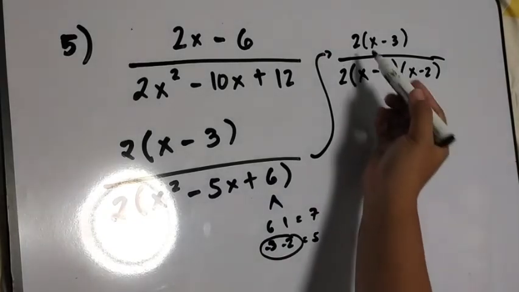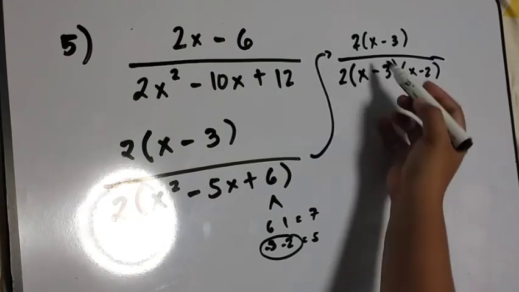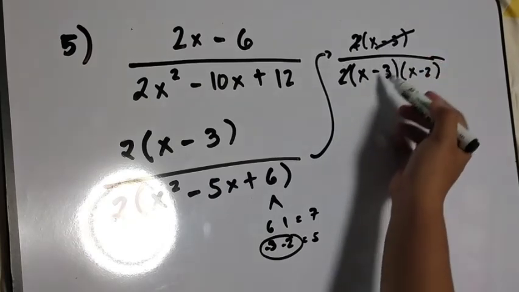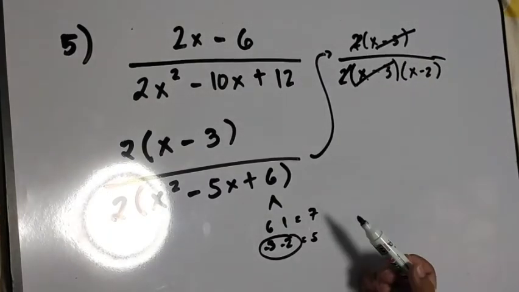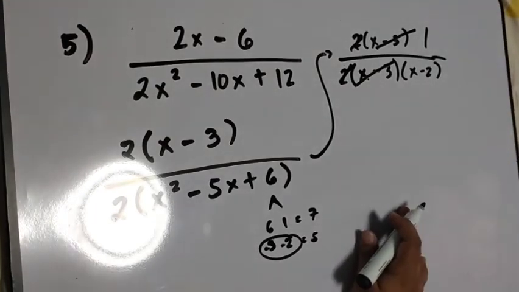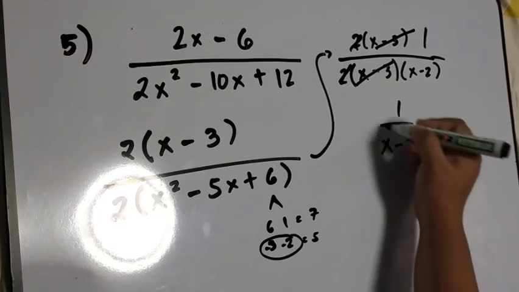We have here 2 and 2. So, pwede ito i-cancel. We have here x minus 3 and x minus 3. Now, since wala lang natira sa numerator, okay, ibig sabihin, that is now equal to 1. So, therefore, the answer is 1 over x minus 2.